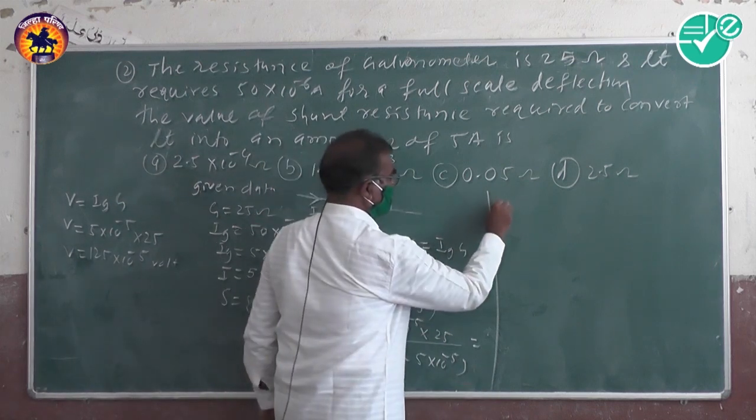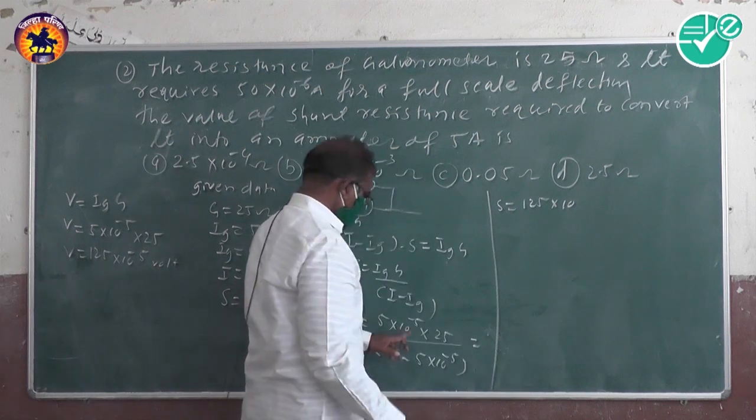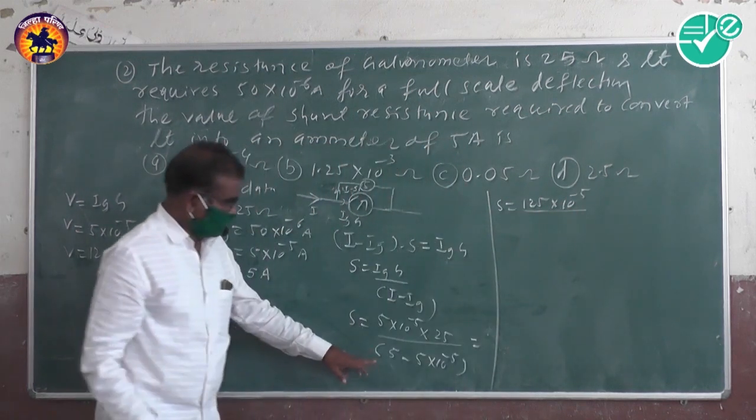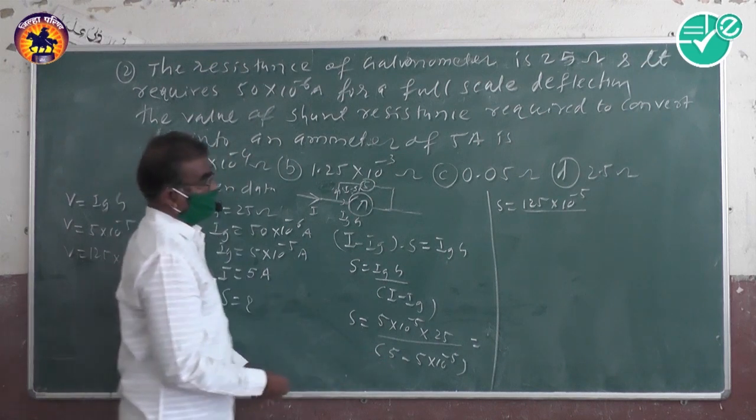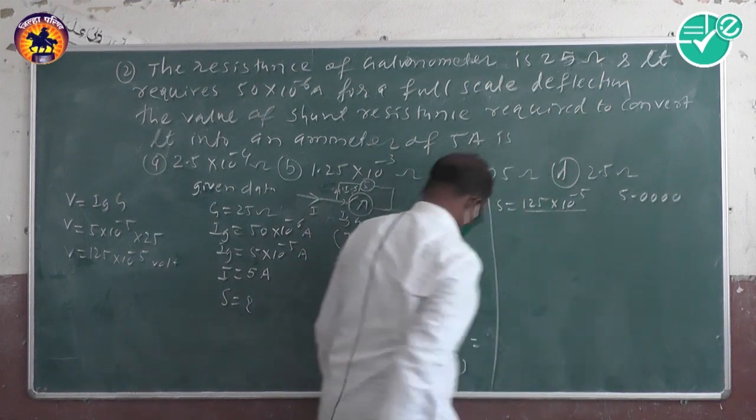That is S equal to 125 into 10 raised to minus 5 divided by 5 minus 0.00005.